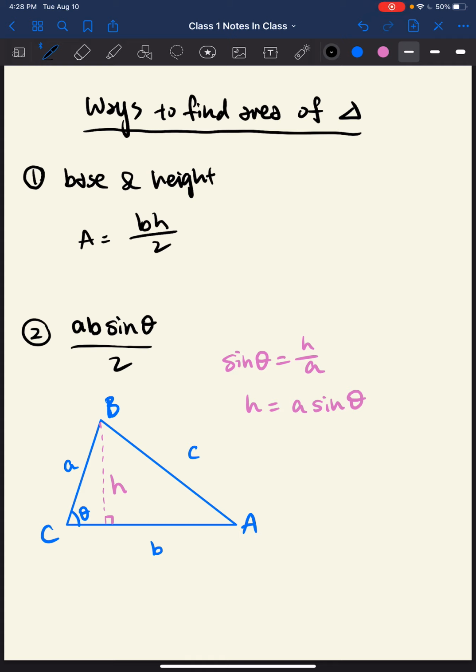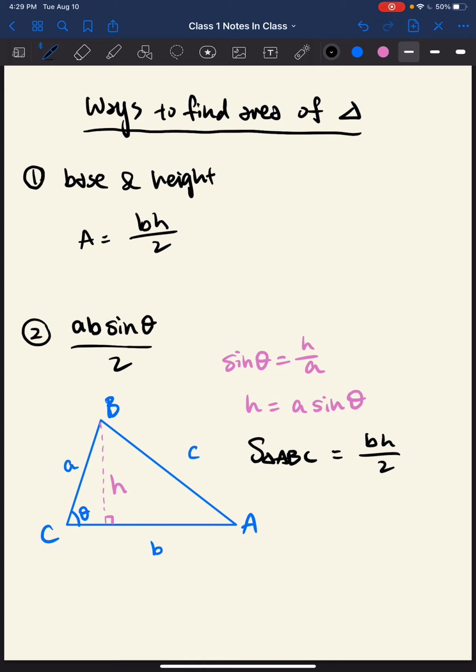So the area of triangle ABC, also a note here, this is one of my personal preferences, I write area like this. So this is an indication of area, and this is triangle ABC. Just take a note of that. I have very weird handwriting. So the area of triangle ABC is base times height over 2, right?